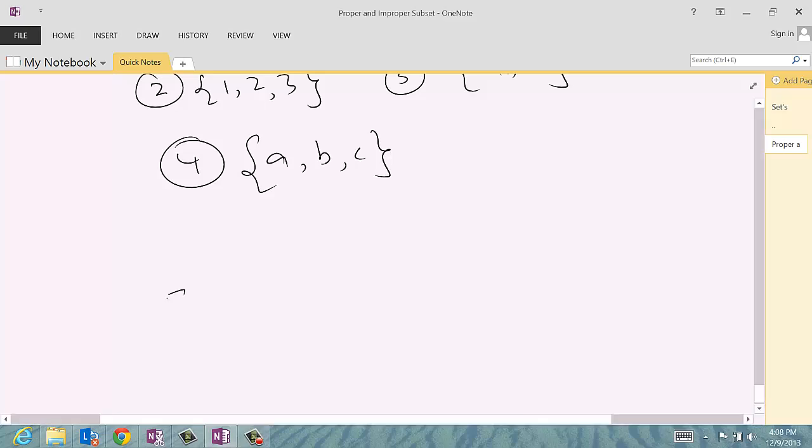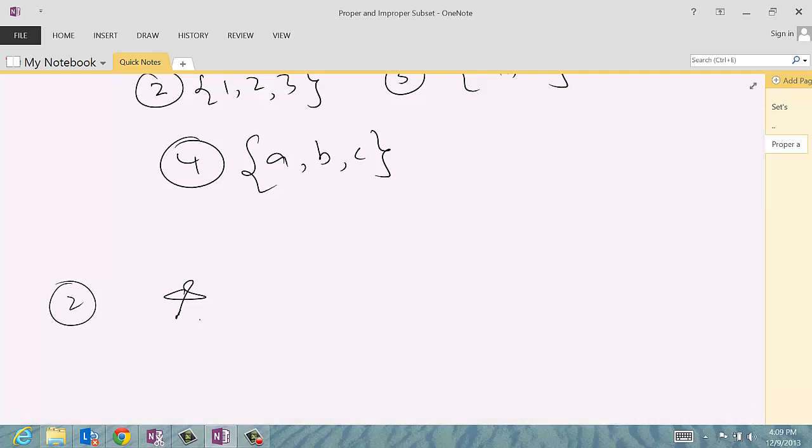It's the empty set. The empty set doesn't have any proper subset. It's only a subset of itself, but every set is a subset of itself, and that is an improper subset. So definitely the answer to this question is the null set. The null set doesn't have any proper subset.